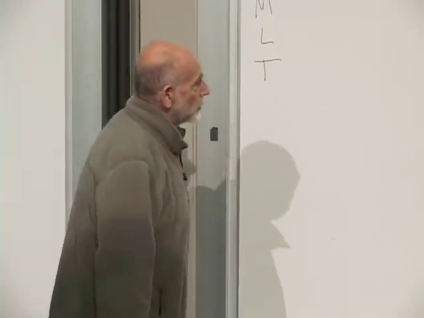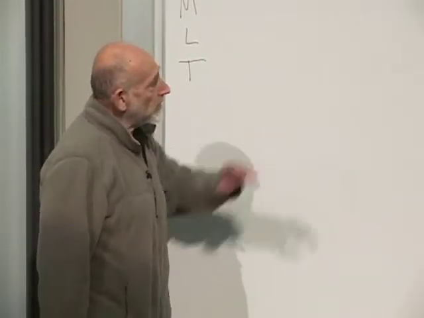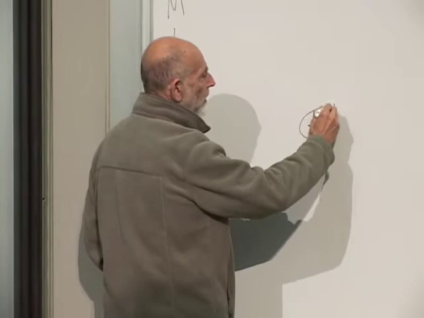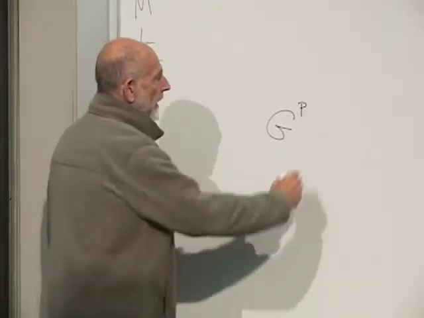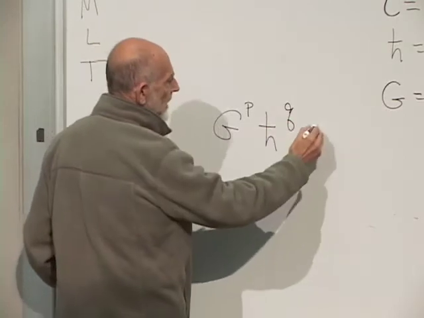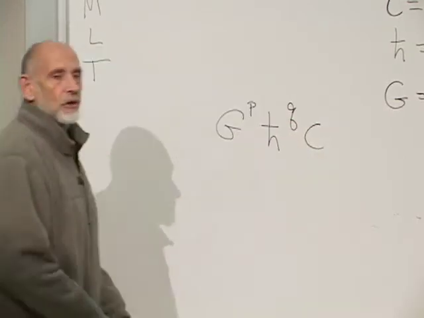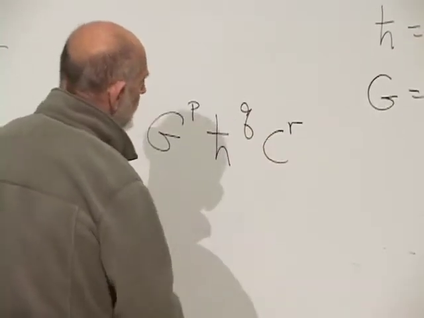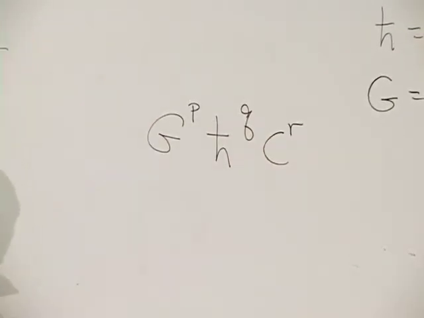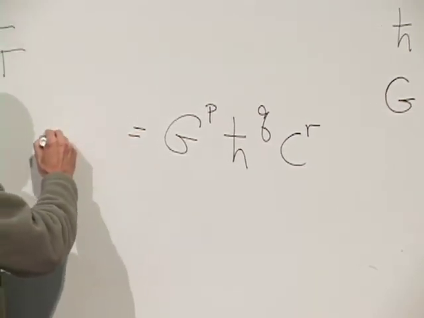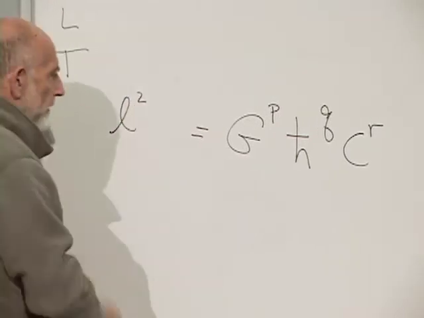We want to find a combination g to some power, let's call it p, h bar to some other power q, and c to some other power r, which has units of length. I'm going to choose length squared.